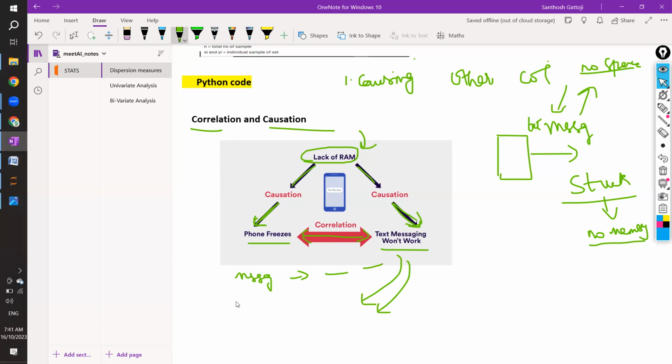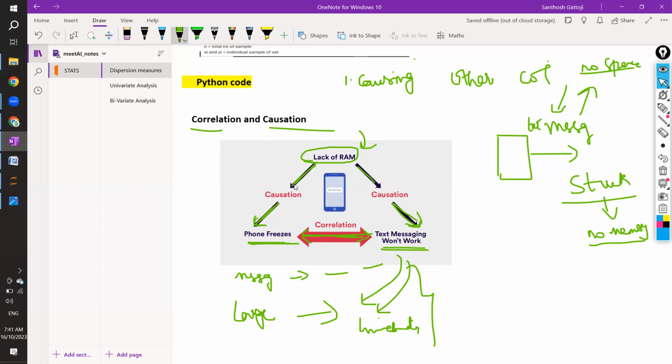If you're sending a large message, the phone might get stuck immediately, based upon the space that is available. So now there is some correlation between the text not working and the phone freezing. But what is actually causing this? It is the lack of RAM.